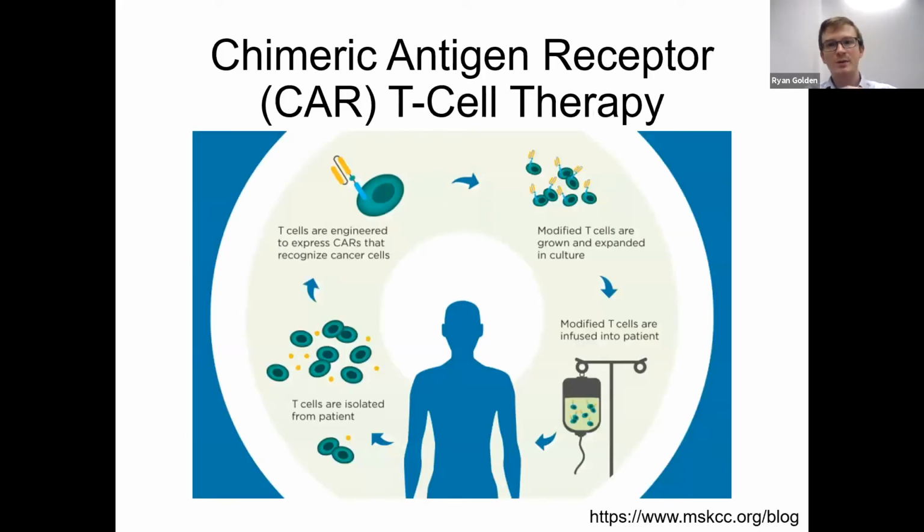So to begin, what this starts with and really what this ends with is the patient. In chimeric antigen receptor T cell therapy, CAR-T cell therapy, the therapy begins with the patient and ends with the patient.